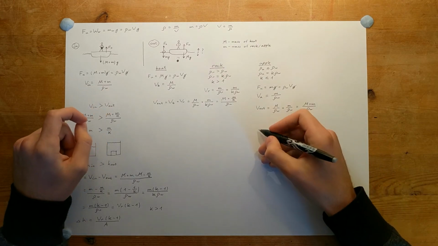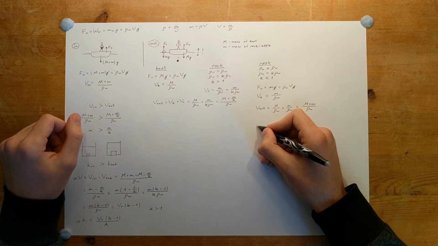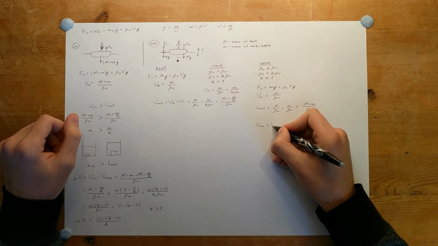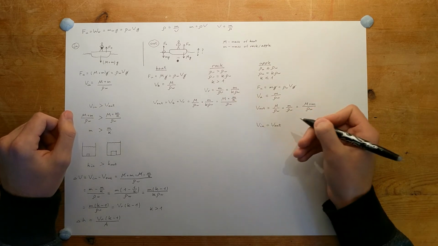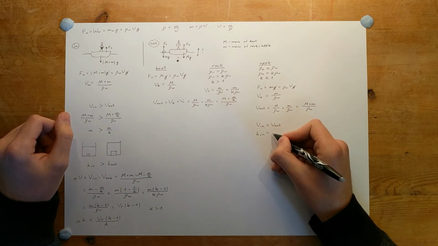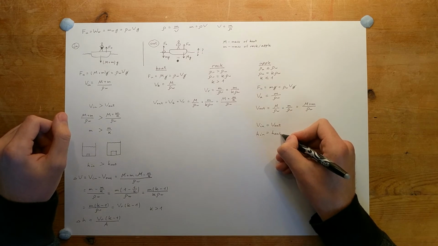Therefore, for an apple, the volume displaced when it's inside is equal to the volume when it's outside. And therefore, the level of water, or height, is exactly the same.